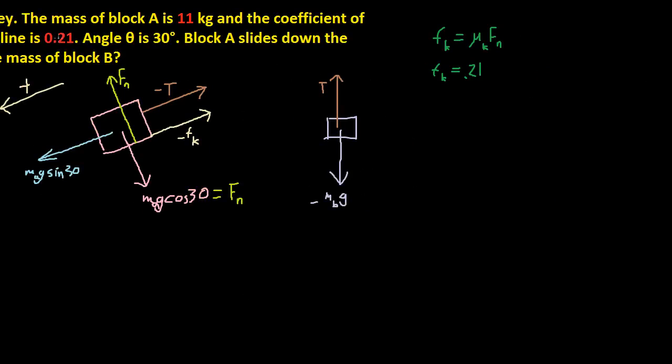It's different for you, and the mass of block A is different for you too. The normal force is just going to be the mass of A times g times cosine of 30.